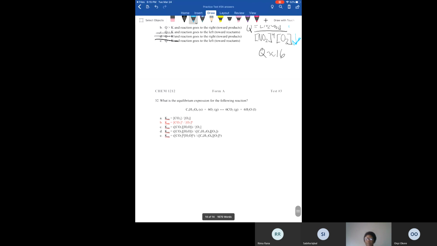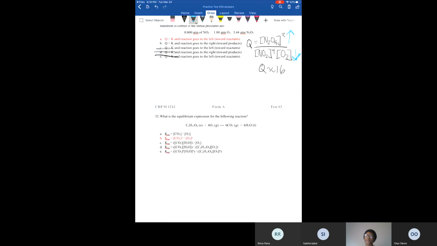Technically, it's kind of pointing to the right, like an arrowhead pointing to the right. So if it helps you, you just have to make sure that Q is always first. Because if they switch it on you and say K is greater than Q, then you'll completely mess up.